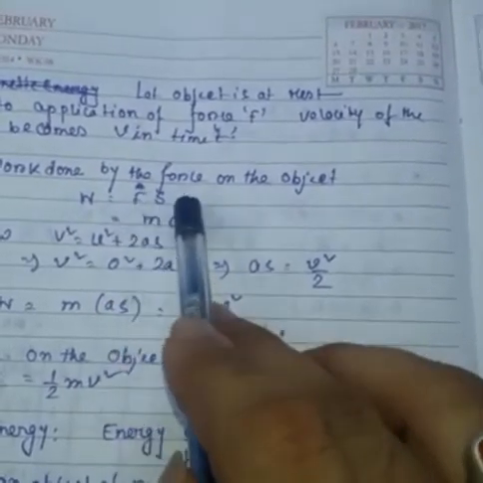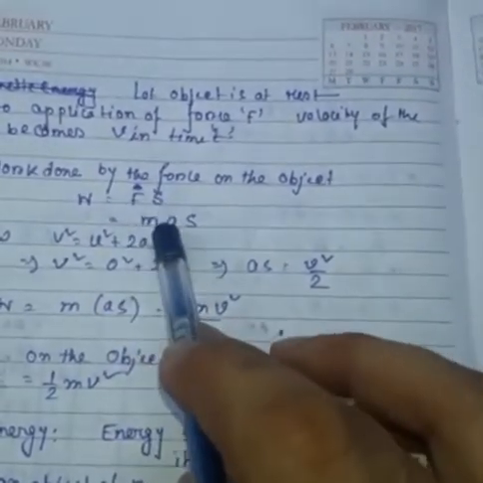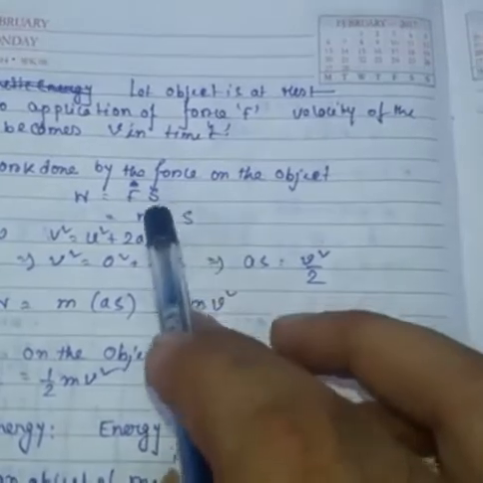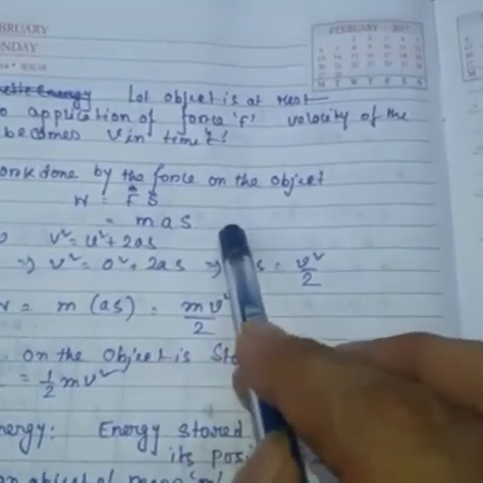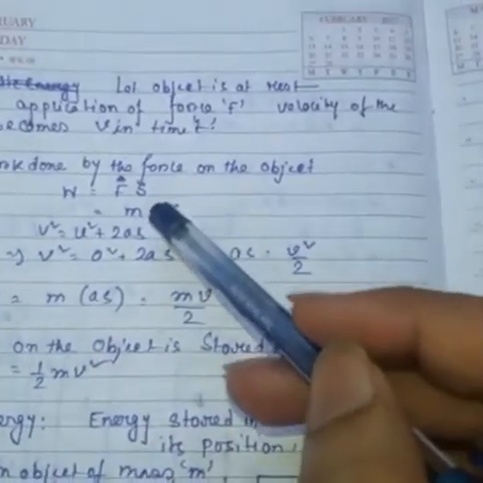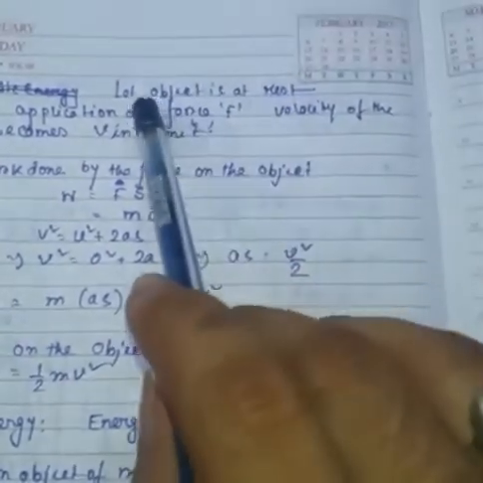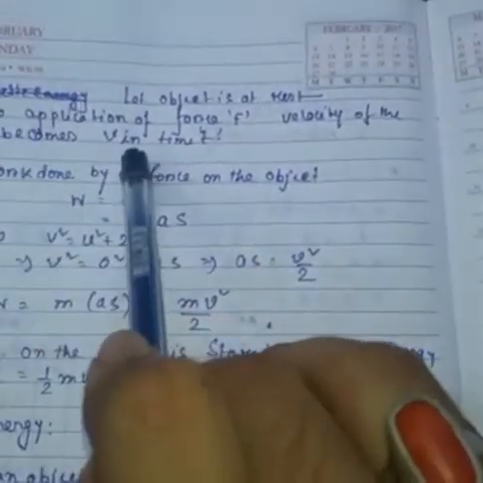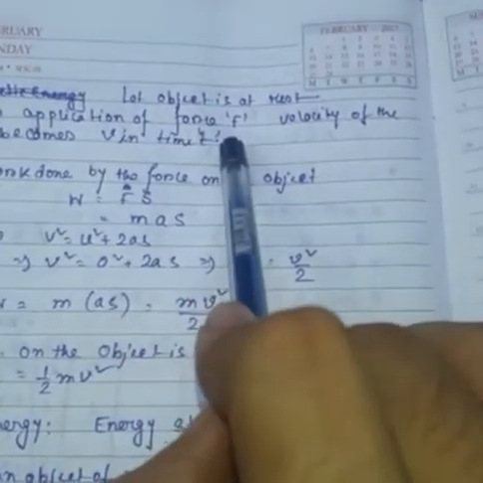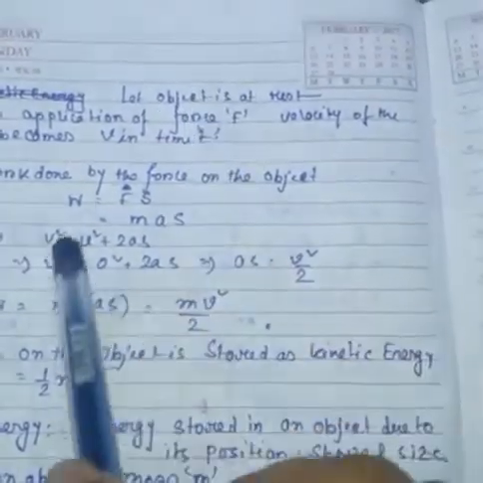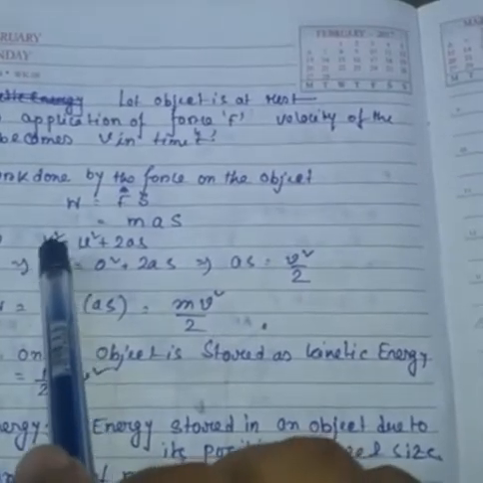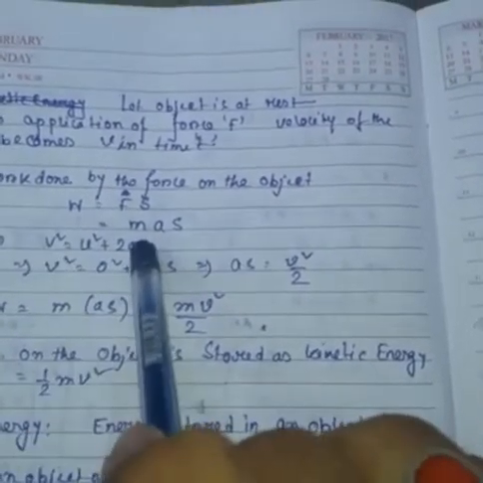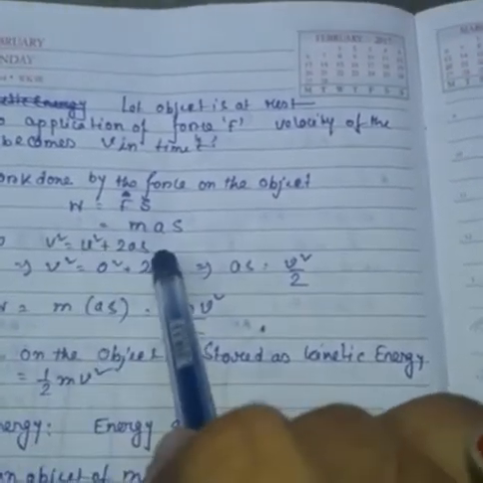Work is force into displacement, and force can be written as mass into acceleration, so that will be ma into s. Now our object started from rest and got the velocity v after time t. So we can have a relation between initial velocity, final velocity, and displacement, that is v square equals u square plus 2as.